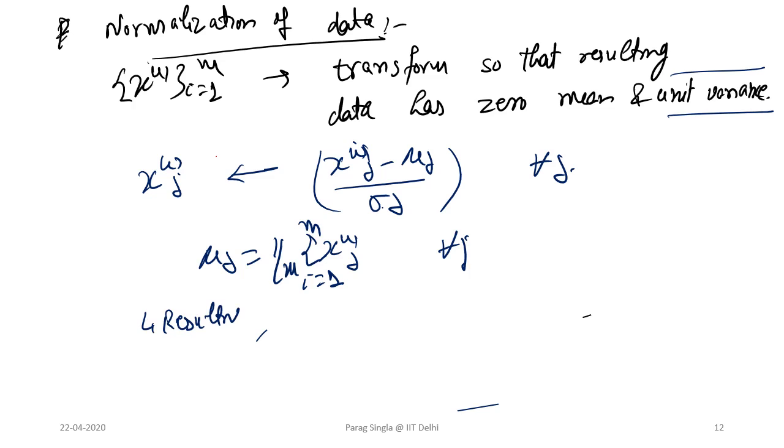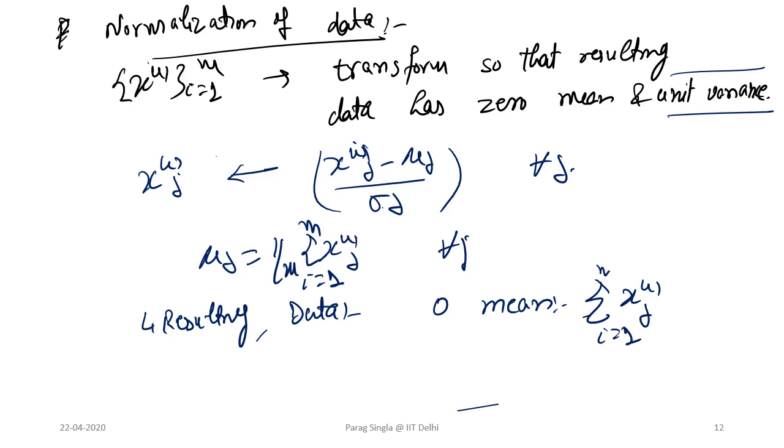The resulting data that we get is zero mean in each of the dimensions, which will mean that after this transformation, the sum over i equal to 1 to m of 1 by m x_ij is 0. And the variance in dimension j will be simply, since the mean is already 0, the sum of x_ij squared over i equal to 1 to m, times 1 by m, which is equal to 1.